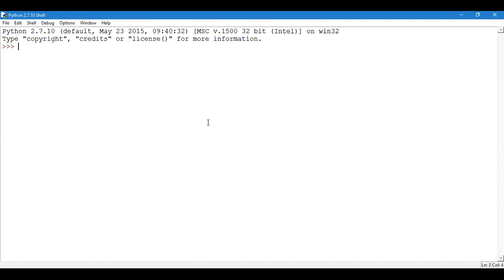So the first thing you should be doing is open your IDLE shell, and first and foremost, your main task would be always import numpy as np.